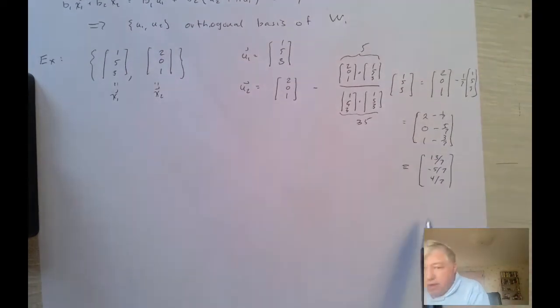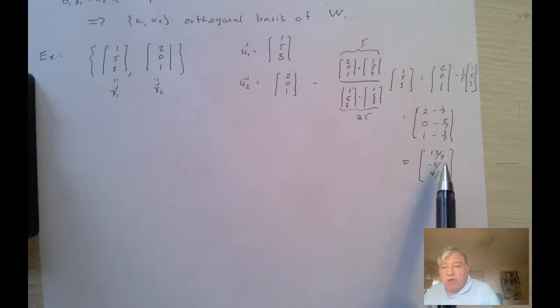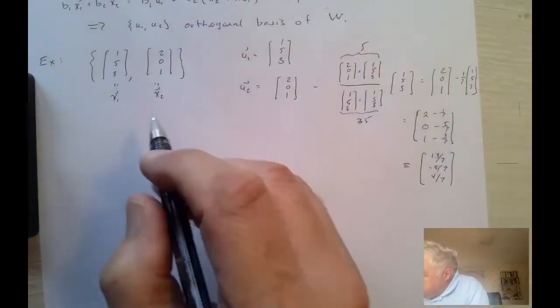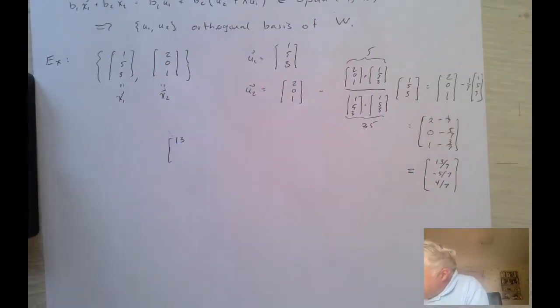Now we could use this as our u2 if we wanted to, but again, if we don't like fractions, we can just multiply this by 7 and get 13, negative 5, and 4.